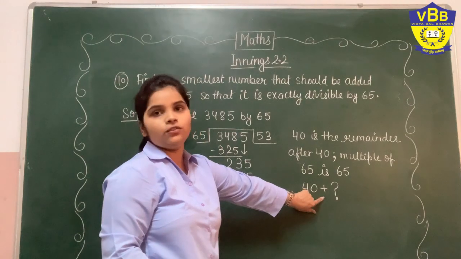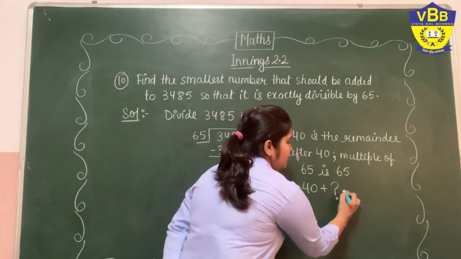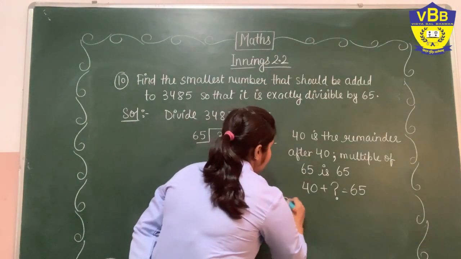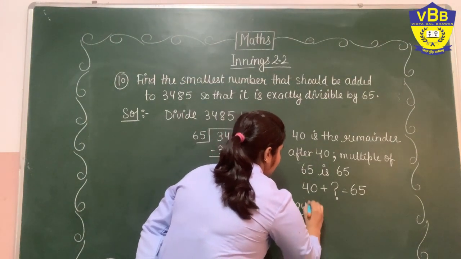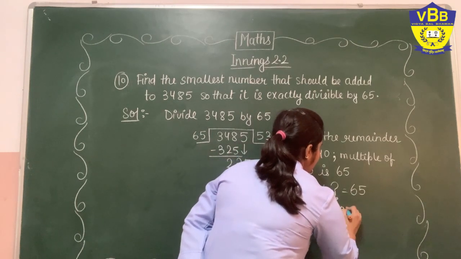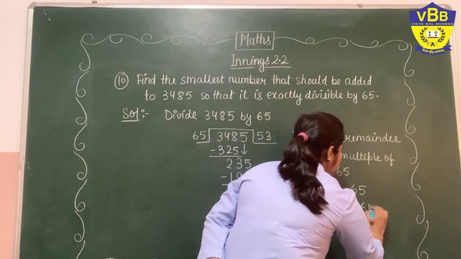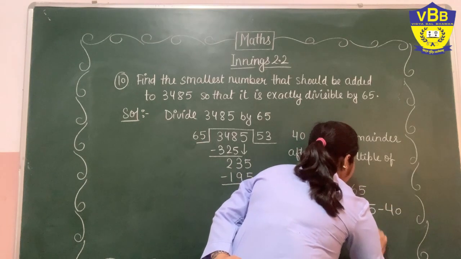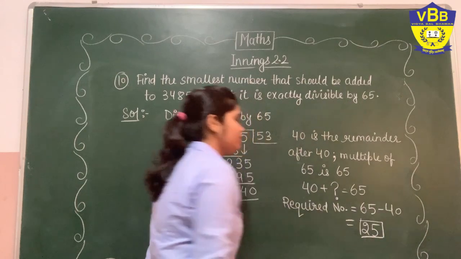What should be added to 40 so that it becomes 65? The required number will be 65 minus 40, that is 25. The answer is 25.